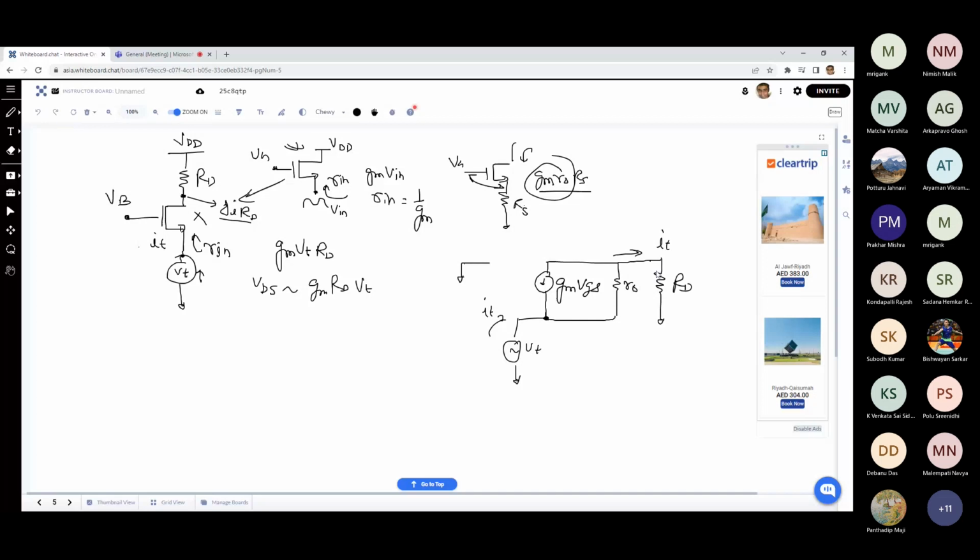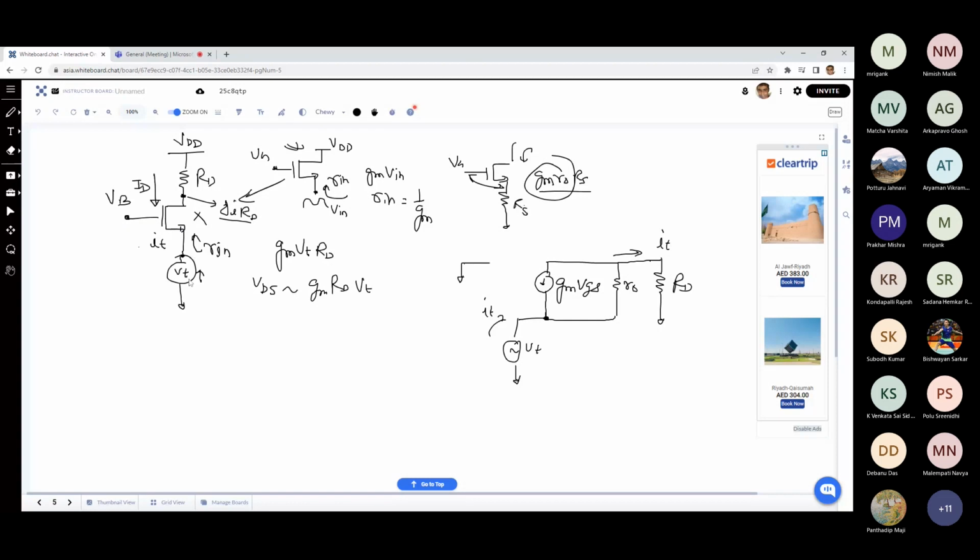And conceptually, you should also understand what is meant by small signal. If you are increasing VT, the VGS of this NMOS reduces, which means there is a reduction in the net current. If I talk about the direction of the small signal current, it is positive in the upward direction, that means into the source. But for the MOSFET the current is actually reducing, because for the MOSFET the positive current is ID, flowing from drain to source.